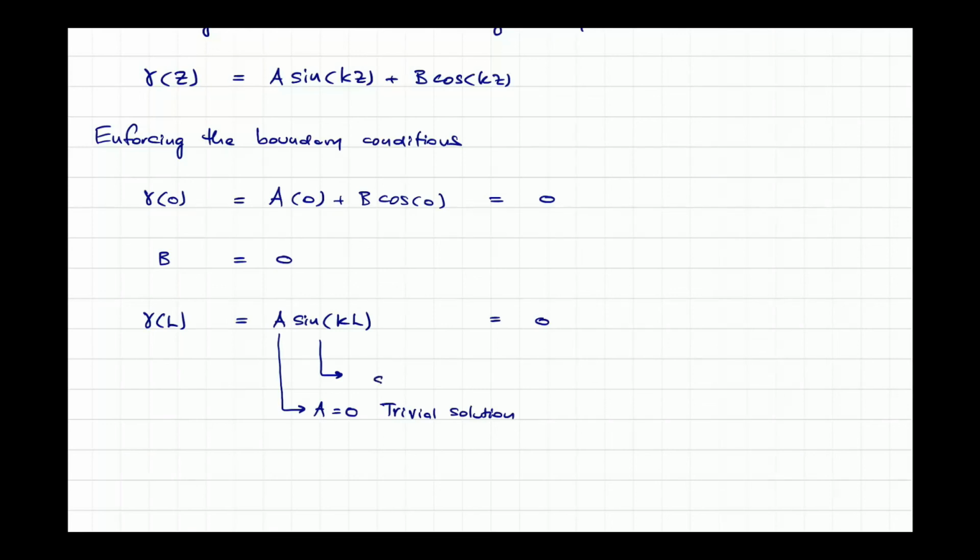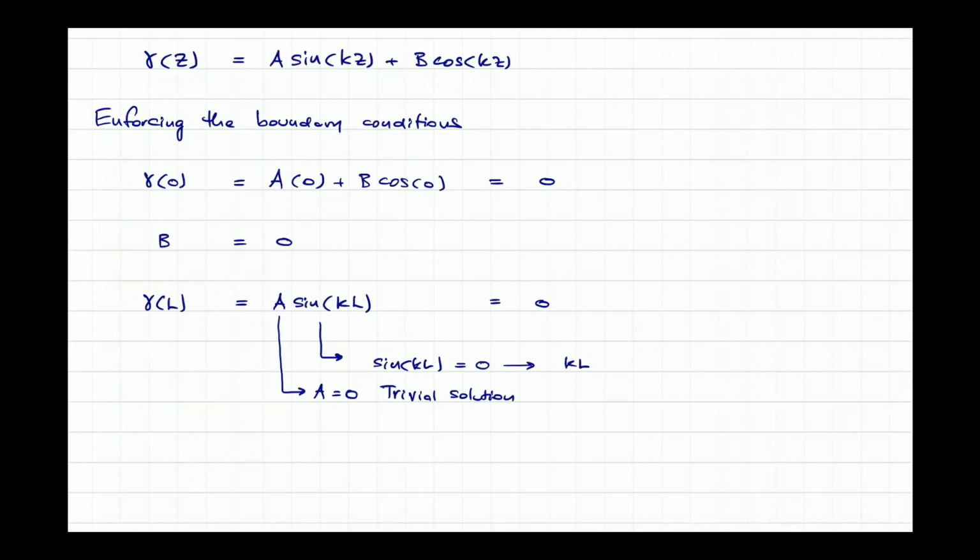And if the sine kL is equals to 0, well, you find that k times L has to be n times pi, where n is equals to 0, you're going to end up with the trivial solution again, and then from 1, 2, 3, and so on. But the buckling is going to happen at the lowest number of n.